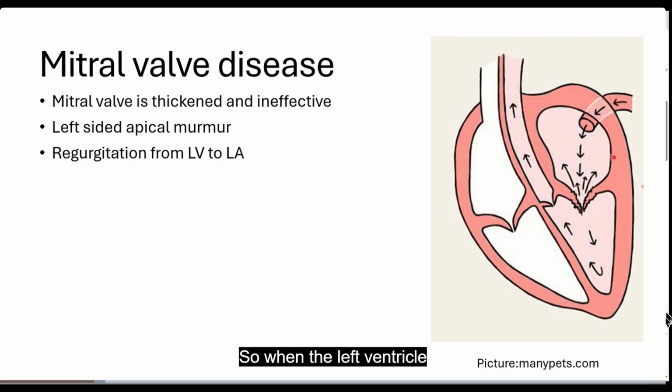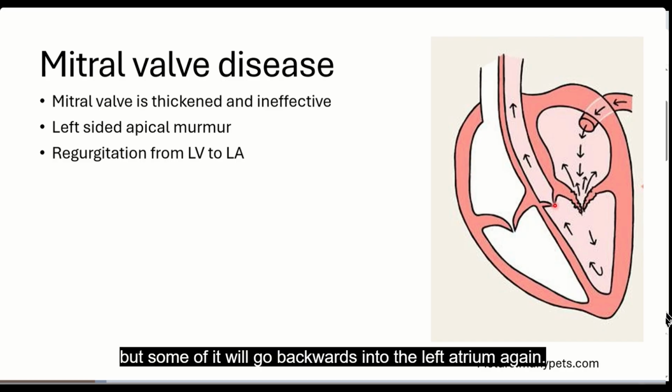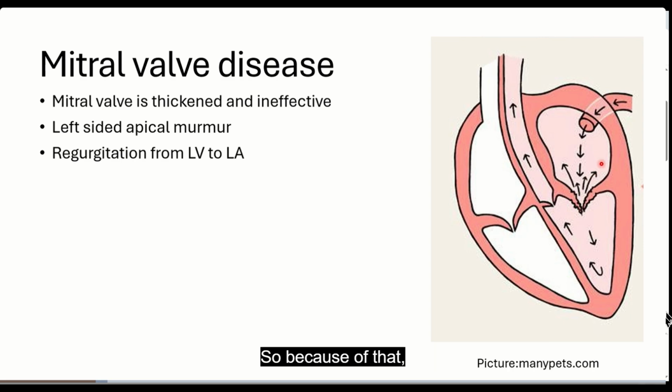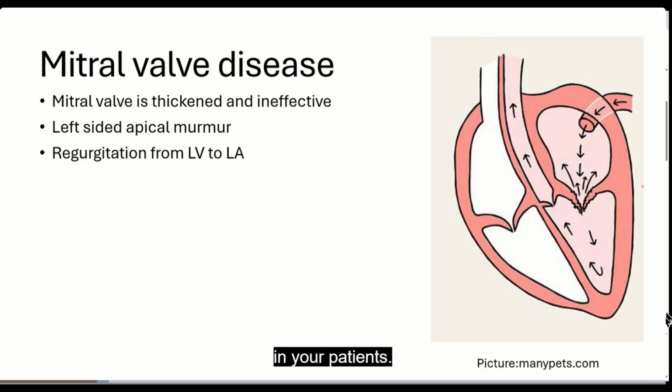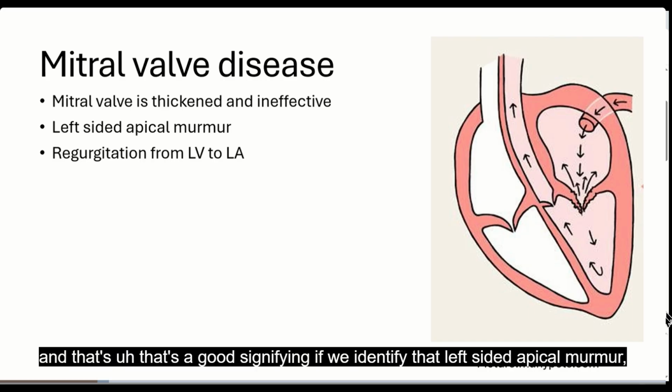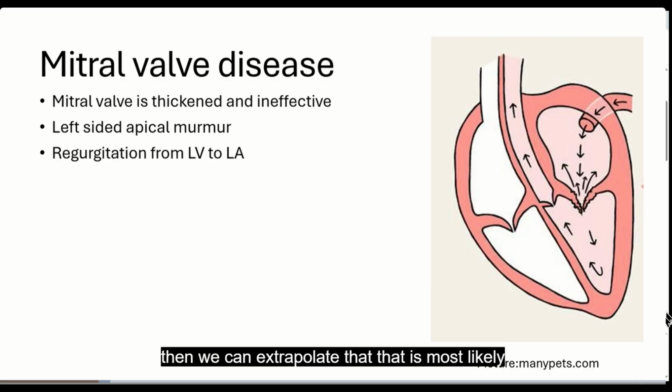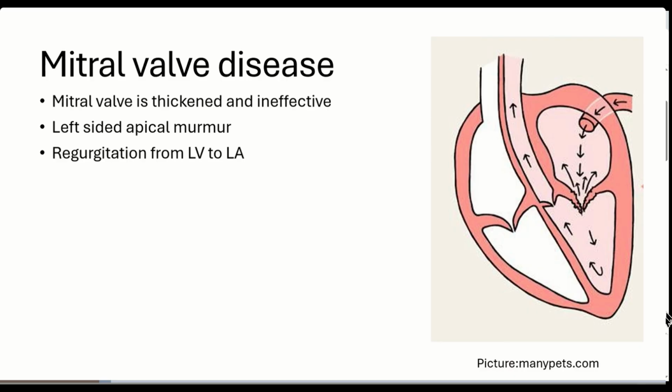So when the left ventricle contracts, all the blood should be leaving out the aorta, and most of it does, but some of it will go backwards into the left atrium again. Because of that, we get a left-sided apical murmur. That's the one that you can hear in the left armpit region in your patients. And that's a good signifier. If we identify that left-sided apical murmur, then we can extrapolate that it most likely comes from a leaky mitral valve.